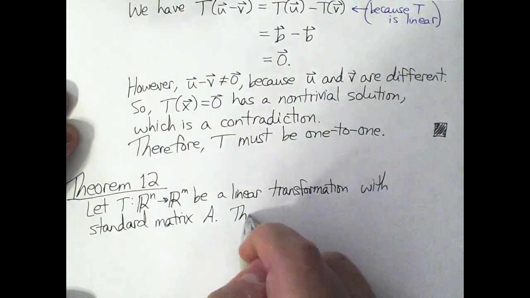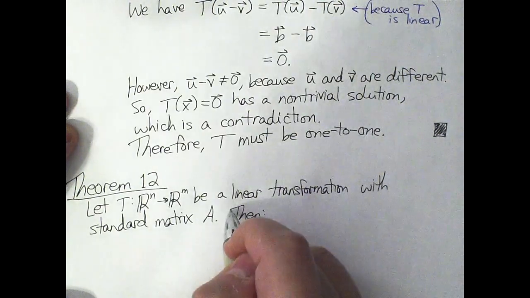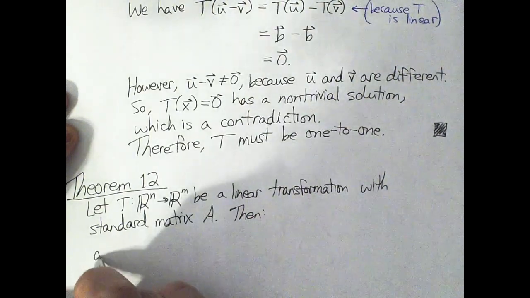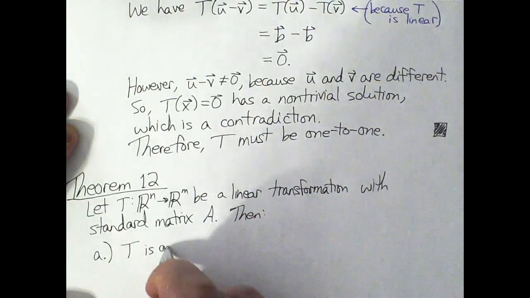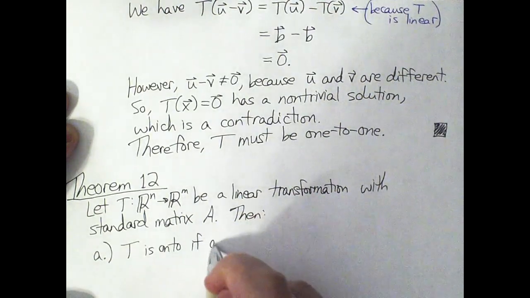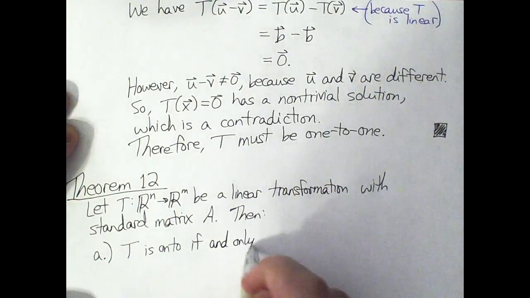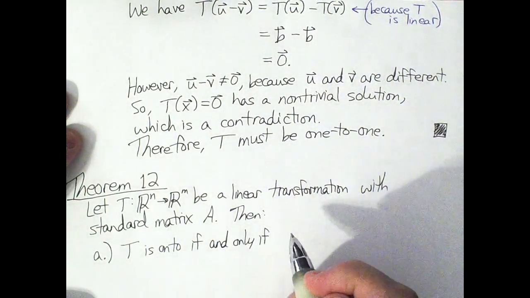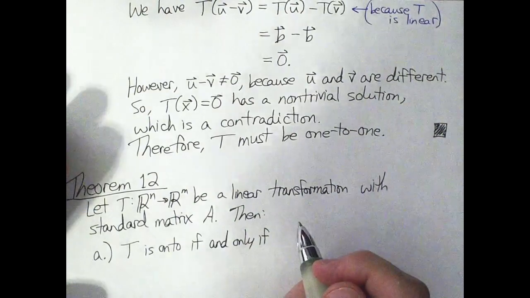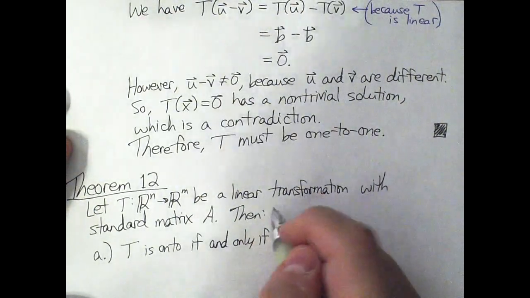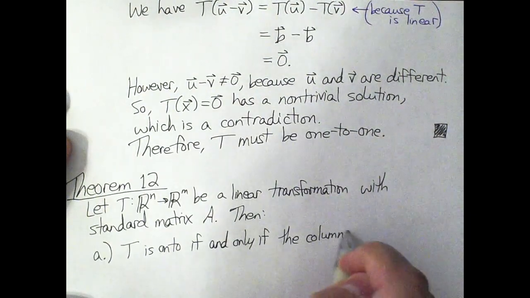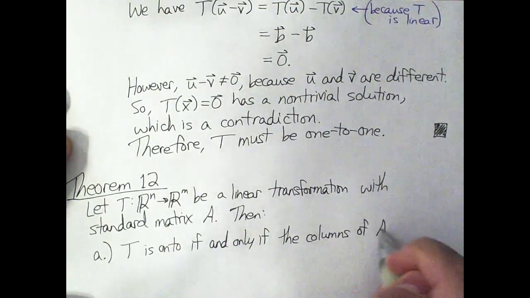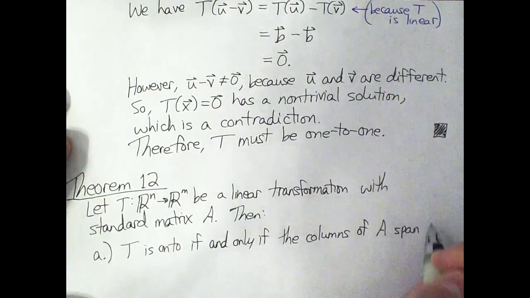Then, this theorem is going to have two parts. Part A, T is onto if and only if the columns of A span Rm.